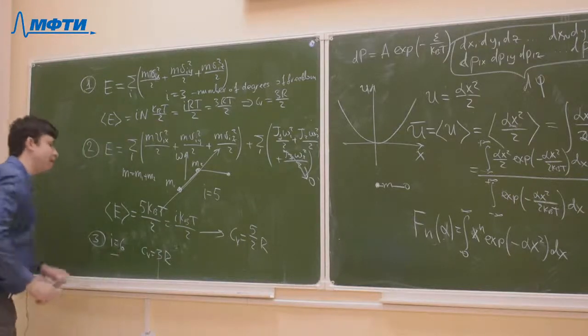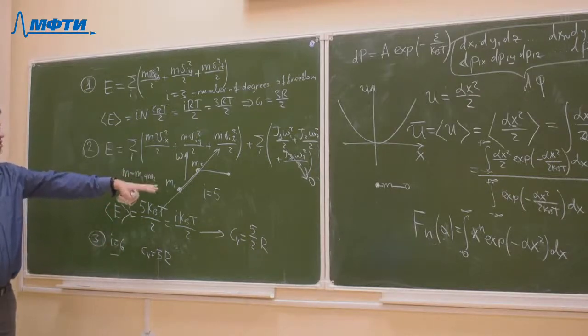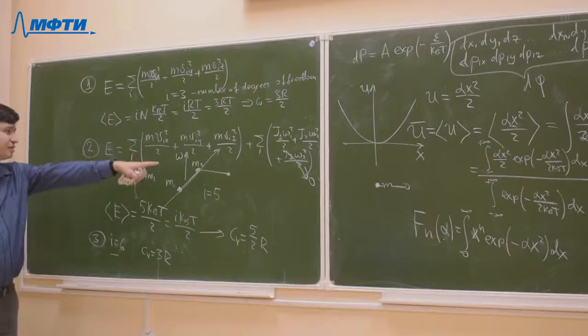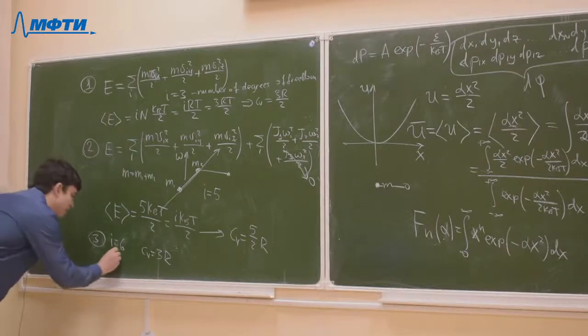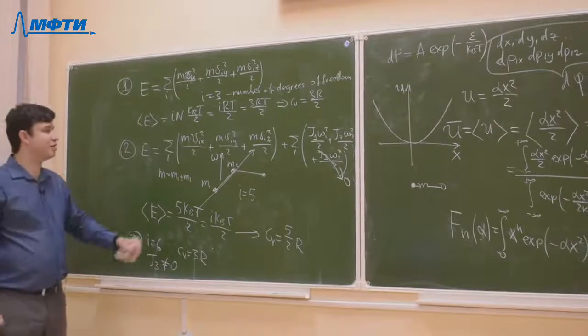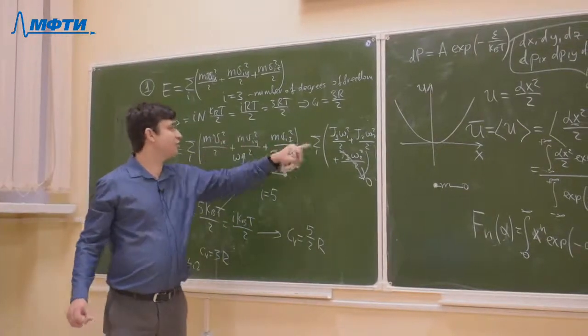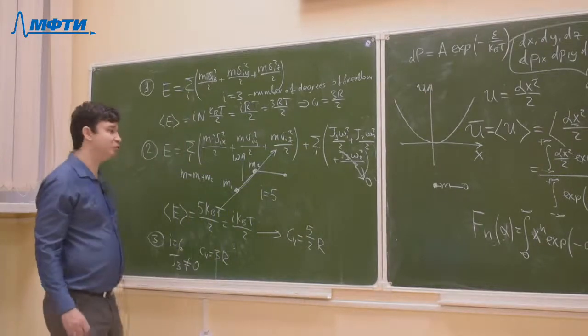Here, I note again that when I have 3 and more atoms in a molecule, then I cannot say that G3 is 0. So G3 is not 0. And for exactly this reason, I have 6 non-vanishing terms in the total energy of the molecule.